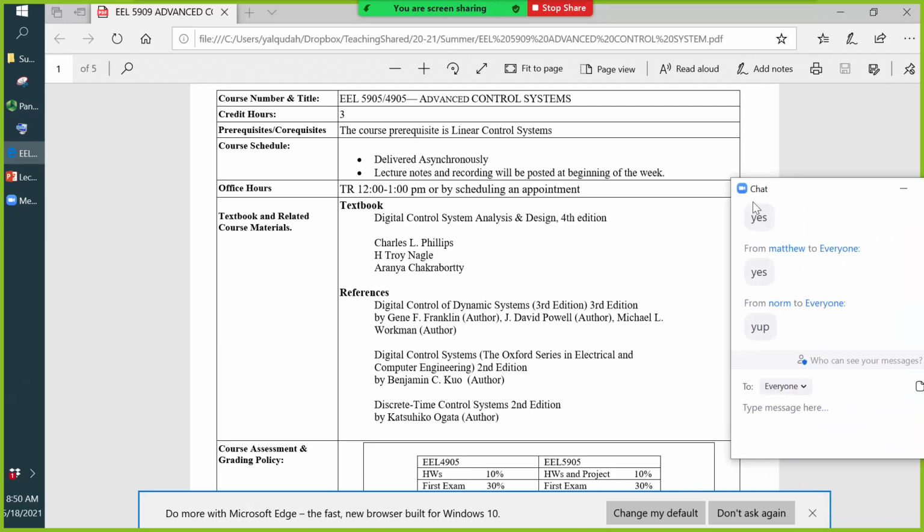Sounds good. I know last summer, we did the class synchronously, and that worked. Nevertheless, for some reason, most of the people were able to make it. I did not hear anybody saying, I'm not able to attend.